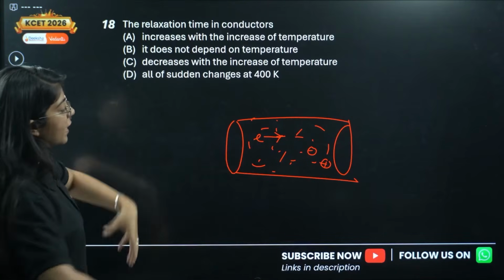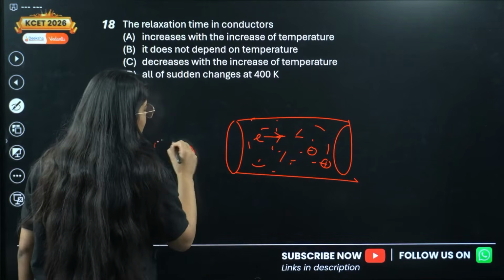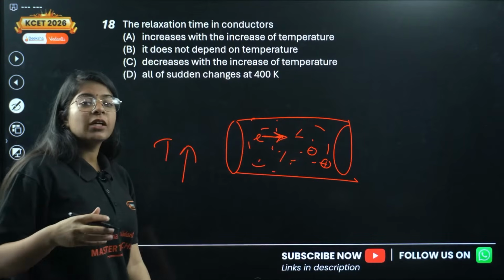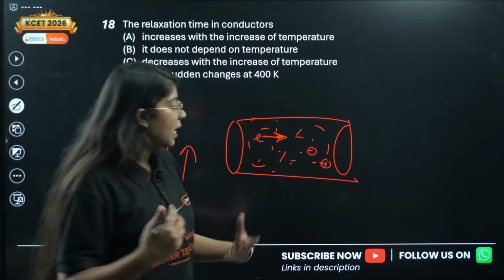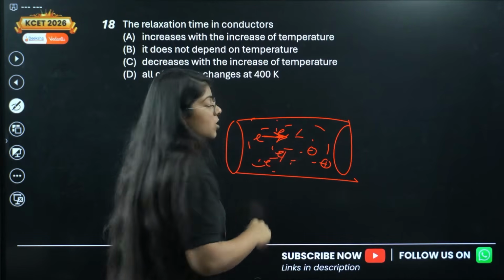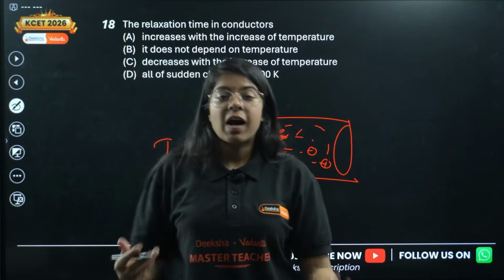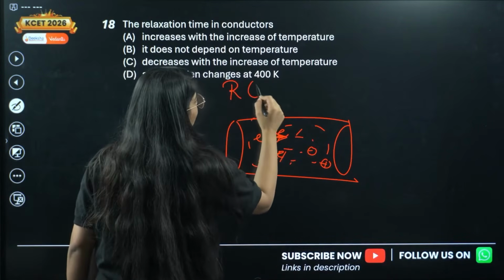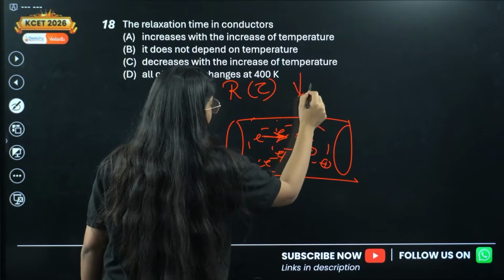So, if I increase the temperature, they will move fast, the velocity of the electron will increase, and it will collide with other electrons in less time, very fast. So, its relaxation time will decrease.